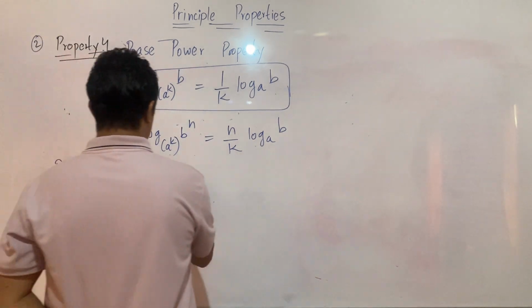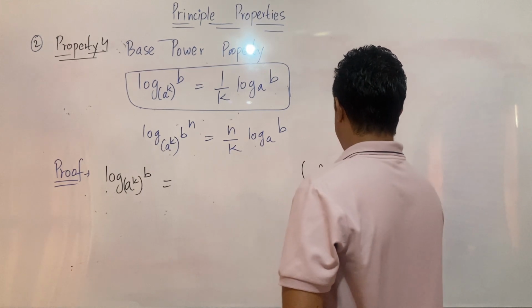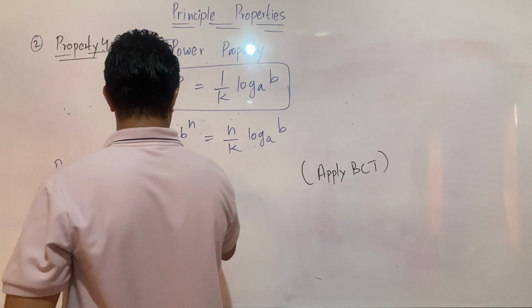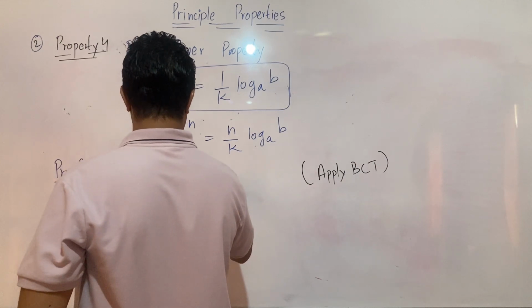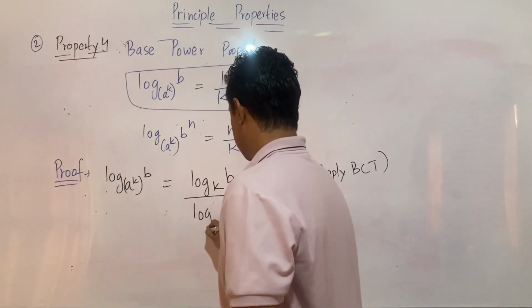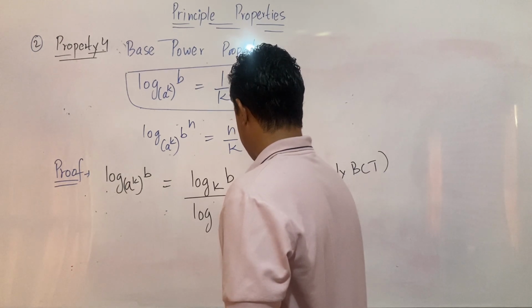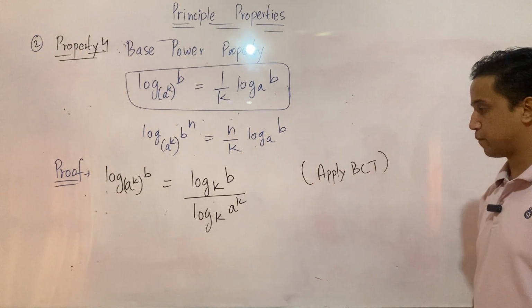If you apply the base changing theorem here, it's going to be log b to the base k by log of a to the base k.